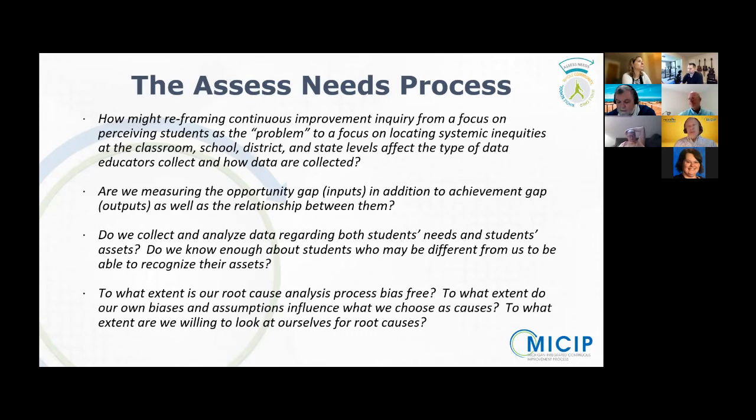That doesn't mean that we shouldn't be collecting individual student data, but are we doing it with the lens of the students being the issue? And are we avoiding this systems data? This really points out why it's so critical to collect that systems data as well.